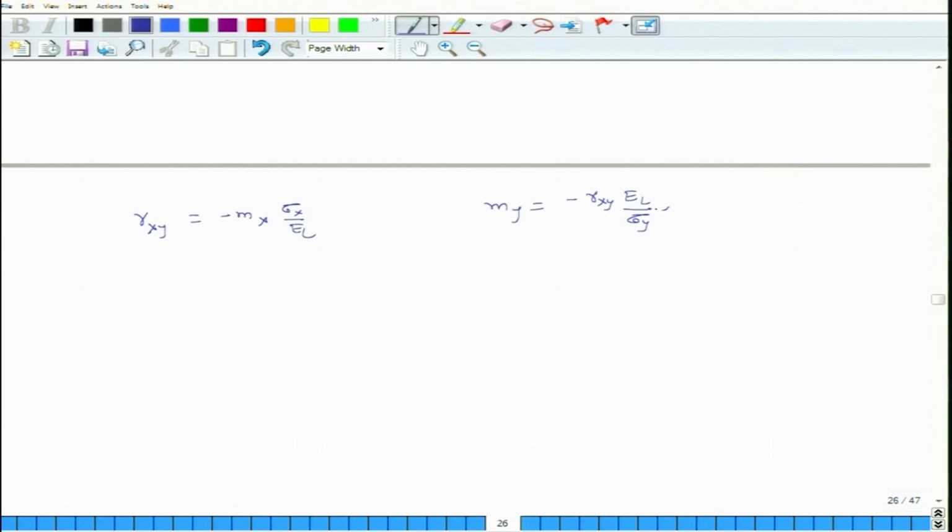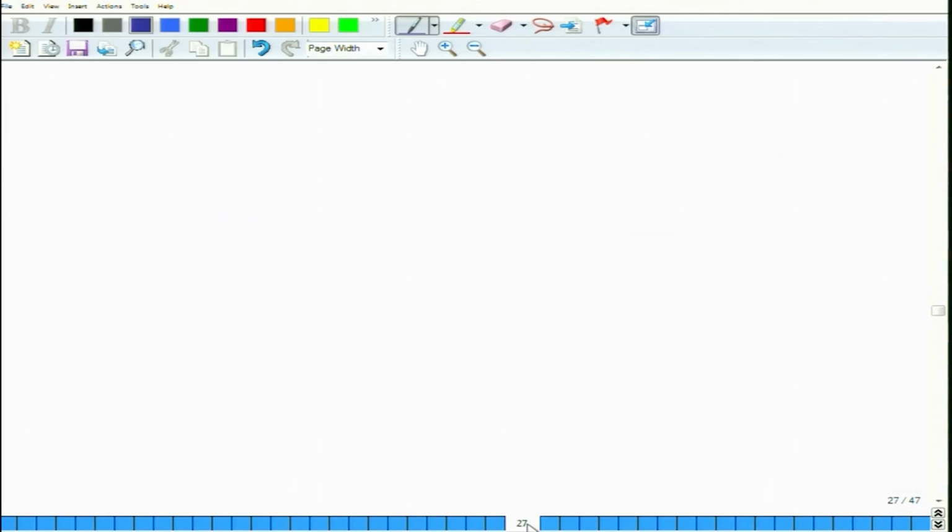I mean, these are the basic definitions. So, we use these definitions to develop the relations mentioned earlier. Finally, we will develop an expression for gxy.